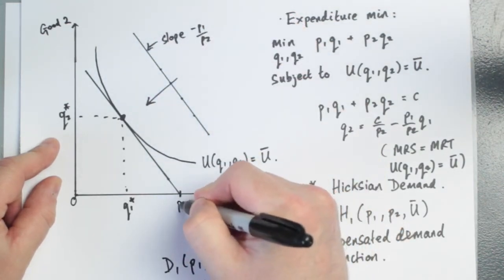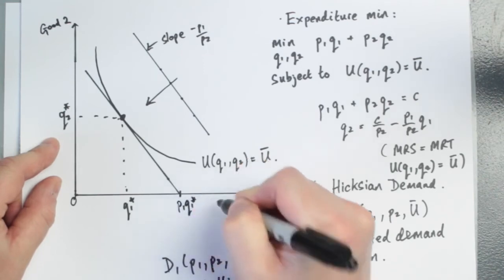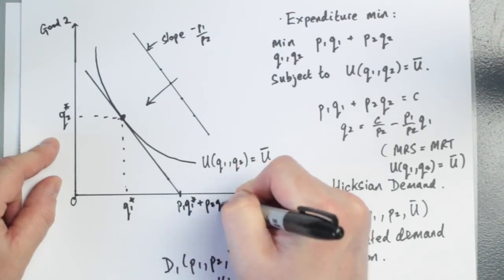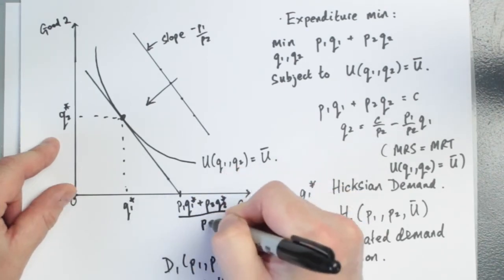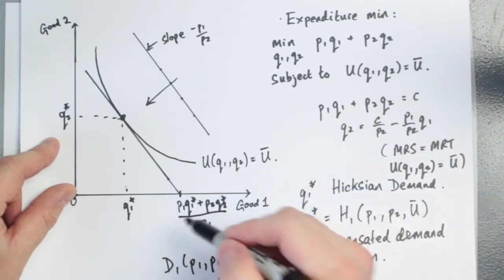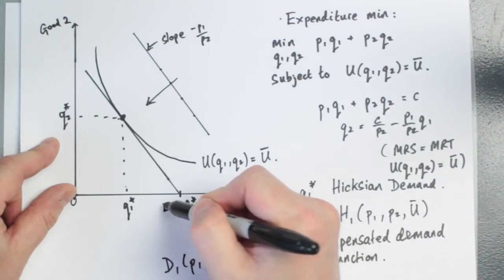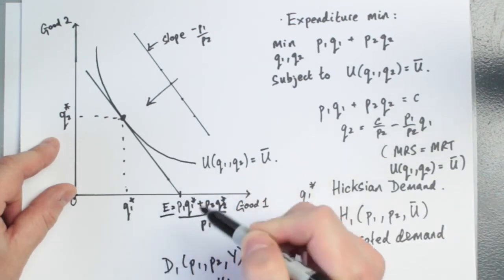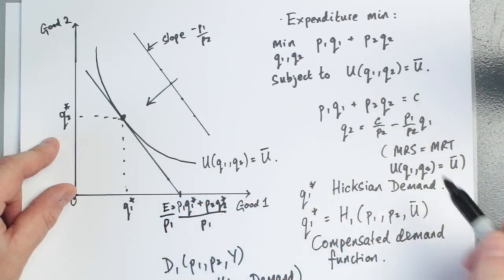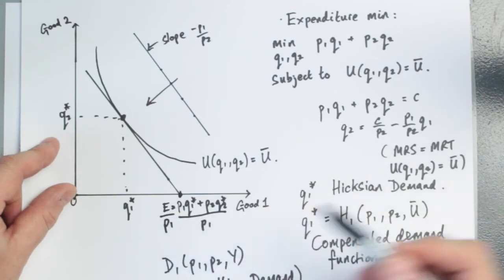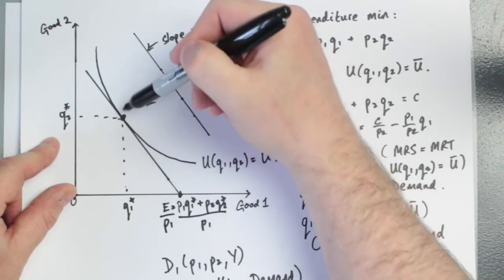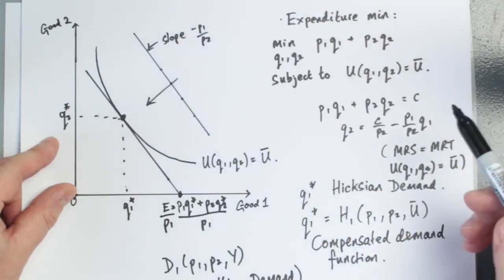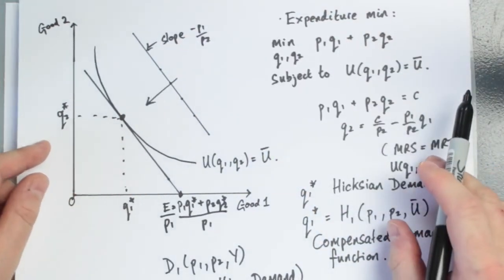It would be P1 times Q1 star plus P2 times Q2 star, and because I'm intersecting the axis, that would be divided by P1. So the top would be some level E divided by P1. So once I know this point here, I can read off the amount of expenditure required for every bundle along this line, knowing that the solution to the expenditure minimization problem lies on that line.